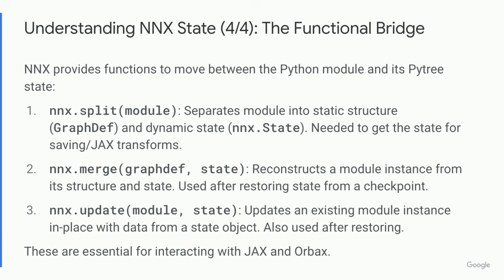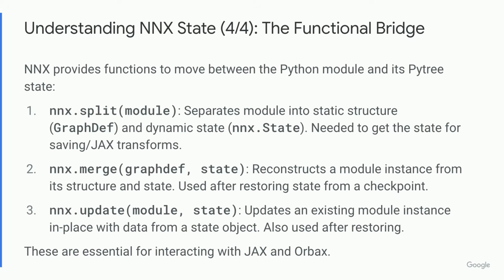To manage the interaction between the Pythonic NNX module and the functional world of JAX transformations and PyTrees, NNX provides three core functions. nnx.split takes your module instance and gives you back two things: its static structure, which is a GraphDef, and its dynamic state, the nnx.State PyTree we just discussed.